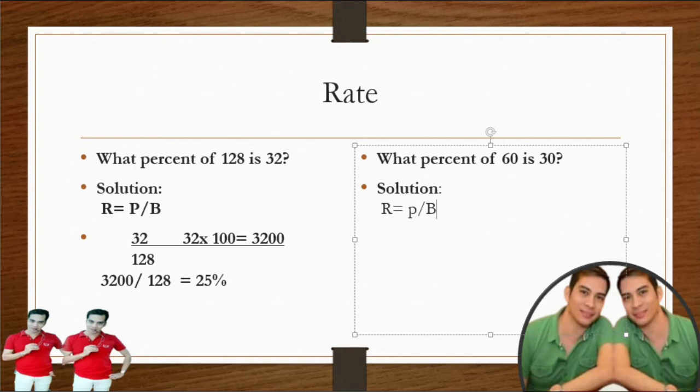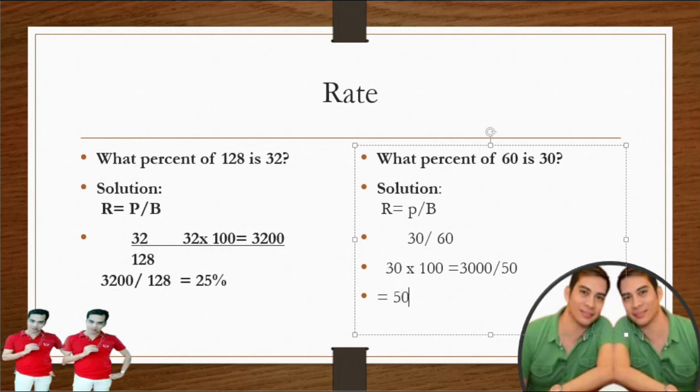Then, substitute natin yung percentage is 30 divided by 60. So, para mapabilis, yung kanina is 30 times 100 equals 3,000. Then, divide 60. So, 3,000 divided by 60, the answer is 50.